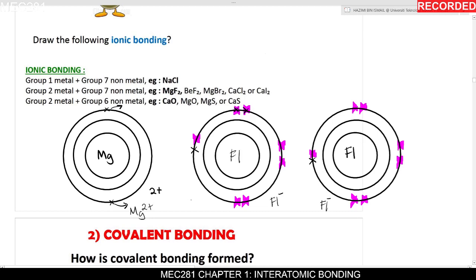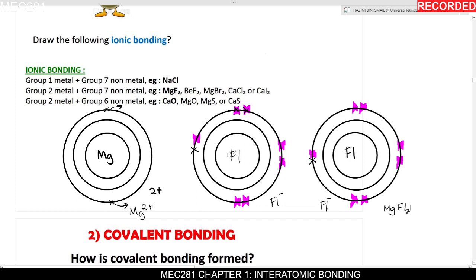So to get a complete or stable ionic bonding between magnesium and fluorine, you have to have 1 magnesium and 2 fluorine. So that's how you write it.